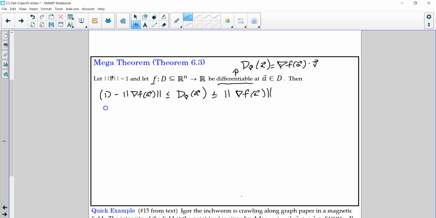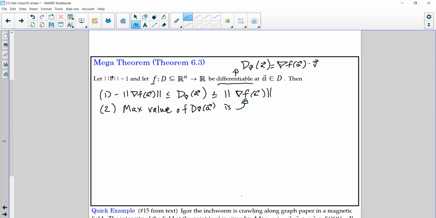Second thing, there's a maximum value of the directional derivative D_v f at a, and that is the length of the gradient at a.